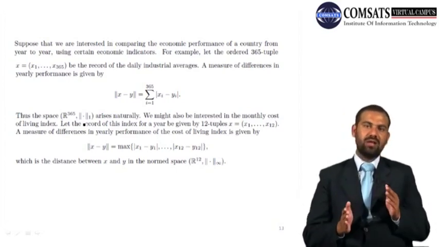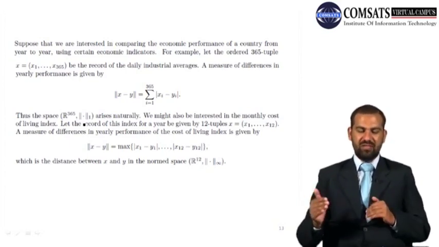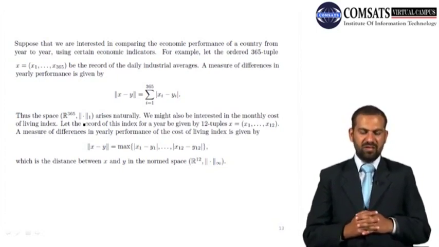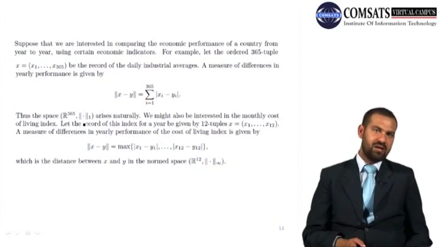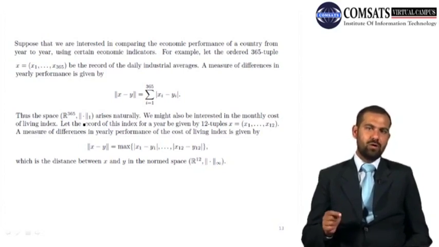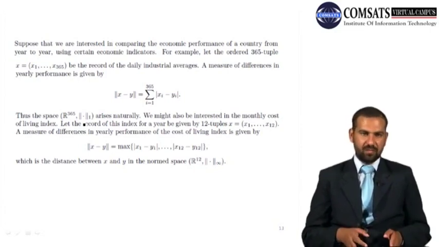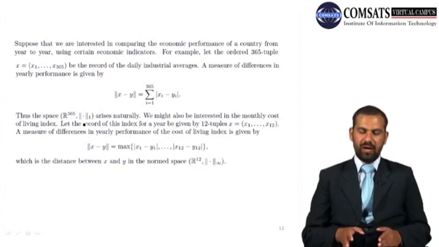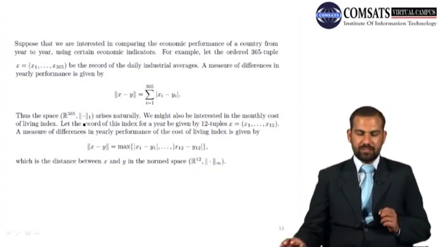So in this way you analyze which month the maximum difference occurs. This is the infinity norm, and hence this distance relation gives a norm space, and one can say that R12 with the infinity norm is a norm space. For a norm space you must have some space, where the space is R12 and the norm you define here is the infinity norm.